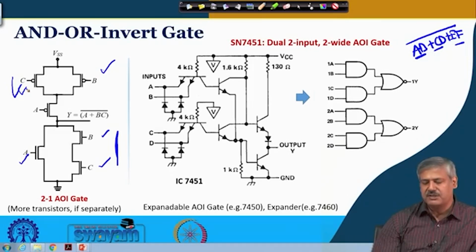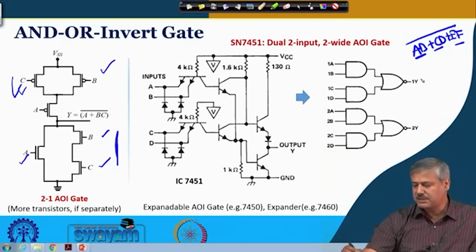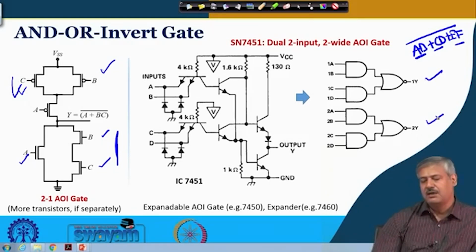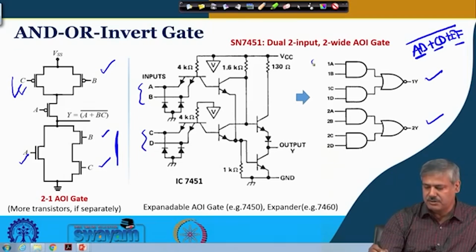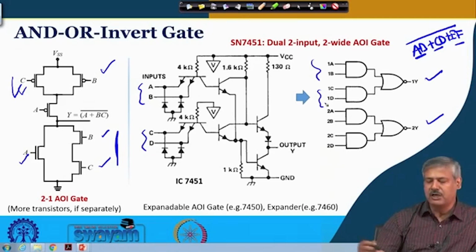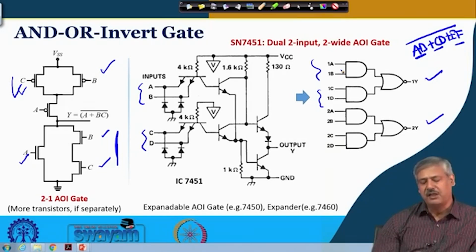Okay. The TTL family also has similar such AND-OR-invert gates. So, one example is 7451 which is dual, that means there are two such gates, one and another. Two input, that means these are the two inputs that you see, two wide means two such blocks are there, right, by which you can get AND or invert gates, and this is the corresponding circuitry in the TTL family from the TTL data sheet.